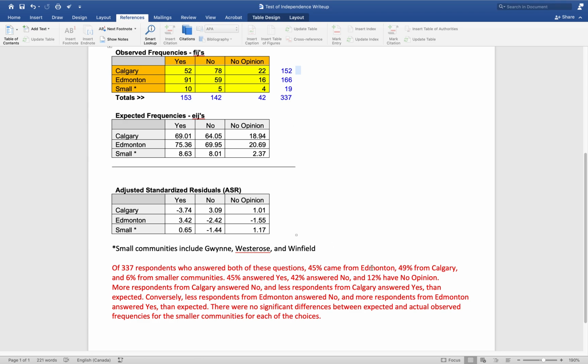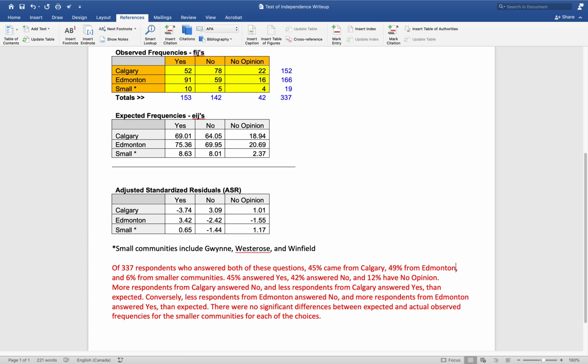I think I actually had those backwards there. The smaller number is actually from Calgary, isn't it? So let me just change that. Calgary has the smaller number, and then Edmonton had the larger number here, like that. And 6% from the smaller communities, and so on.